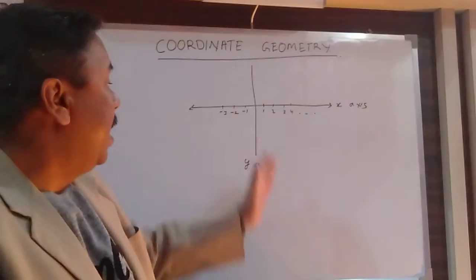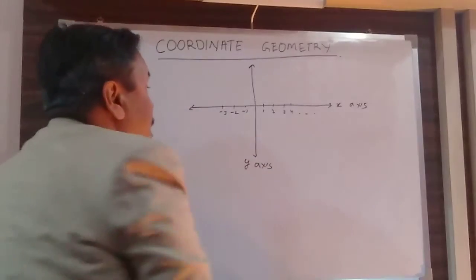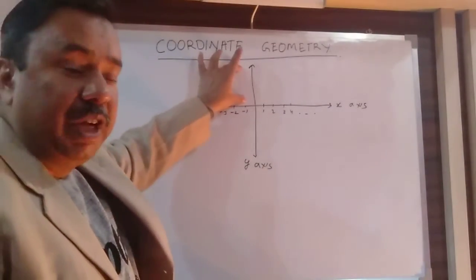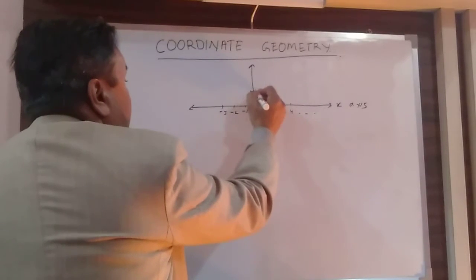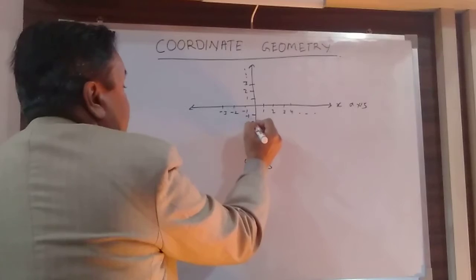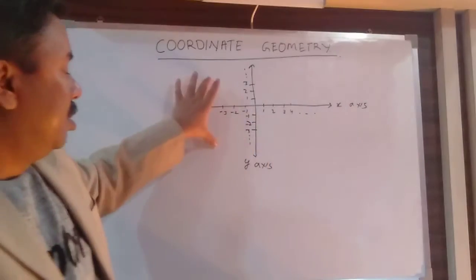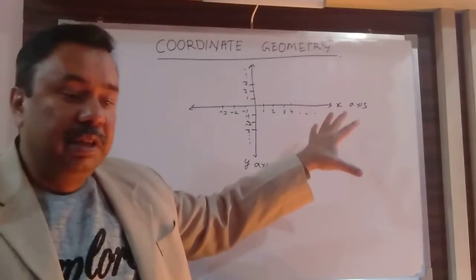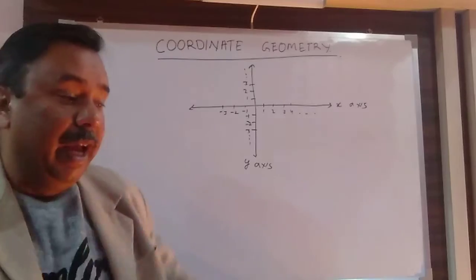Similarly, the y-axis is a vertical line. The upper side is the positive side and the lower side is the negative side. Once again the numbers will be like this, and on the negative side like this. So this is a set of coordinate axes.